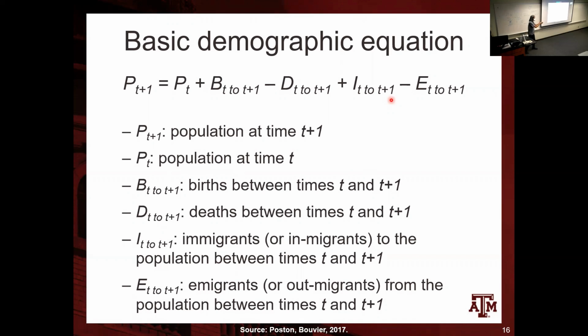Based on these previous trends and levels of these indicators, we can try to make some simulations of the population size into the future. That's how we are able to estimate the population for a specific country for the next 10, 50, 100 years. It's all based on this simple equation.